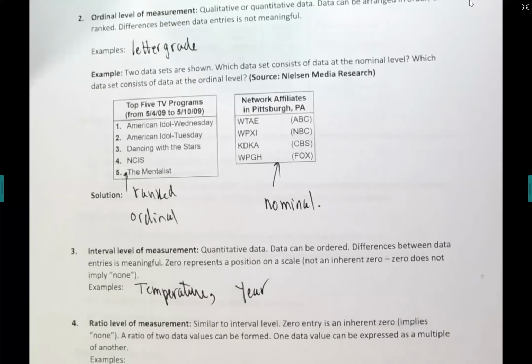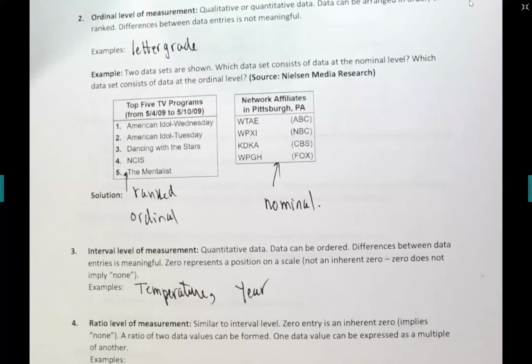This is when we started doing the Gregorian years. So right between before Christ and after Christ, there was a transitional period, which is the year zero, and it means something. There were people at that time, there was life. So year is another example, but I would like you to focus on temperature as the most common example for the interval level of measurement.